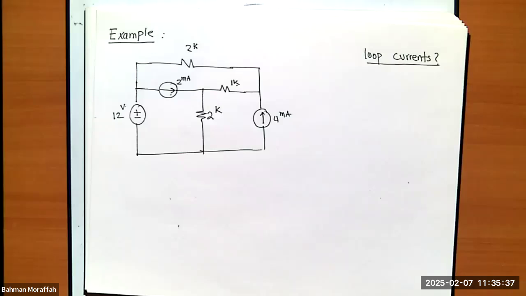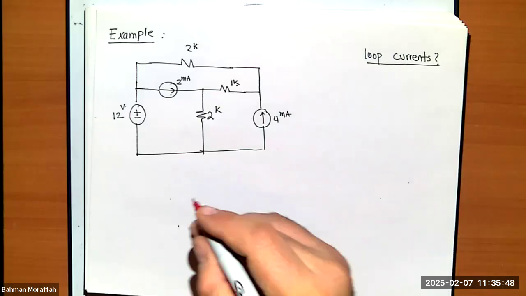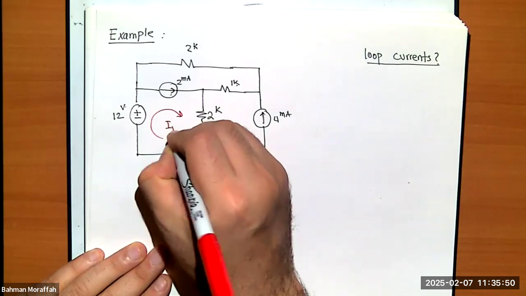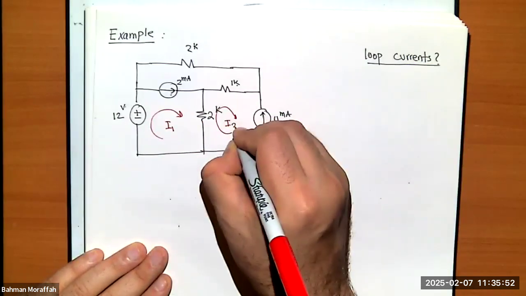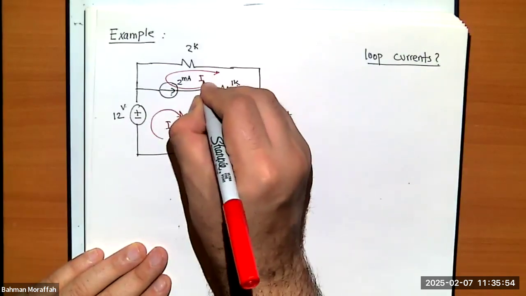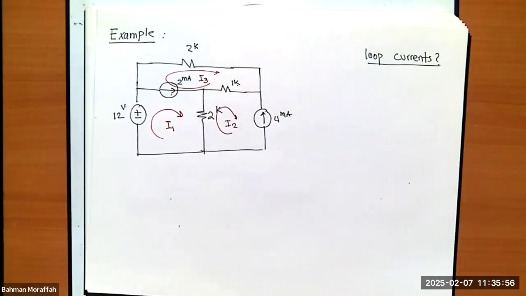What do we do? What is the first step? Identify the loops. So I'm going to say, this is I1, this is I2, and this is I2. Do I have any loop that I haven't covered? There is no loop that's not labeled, right?